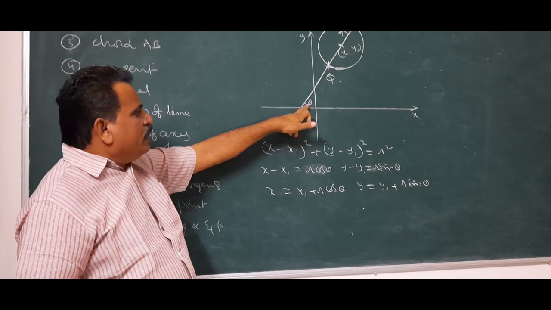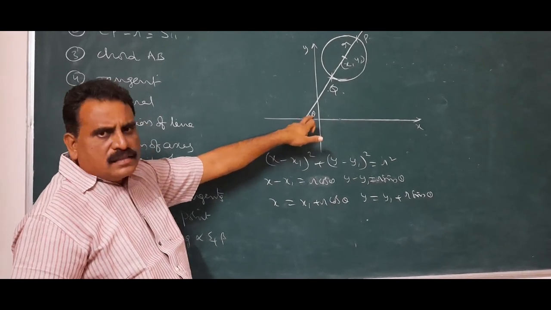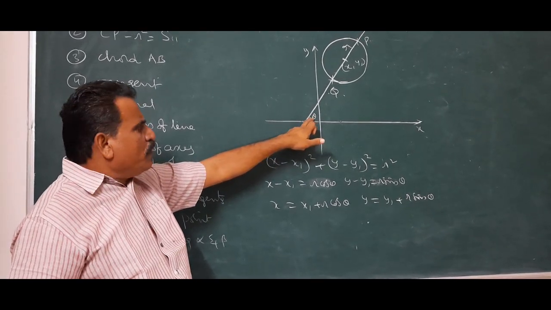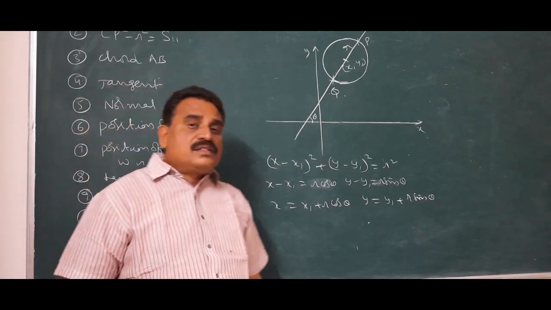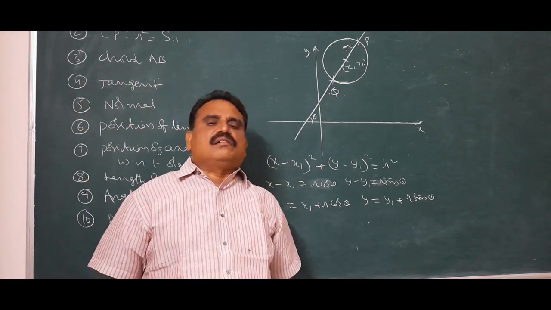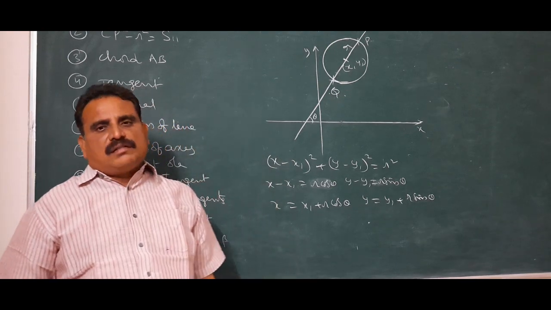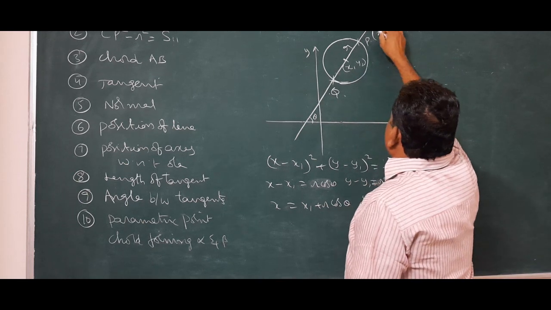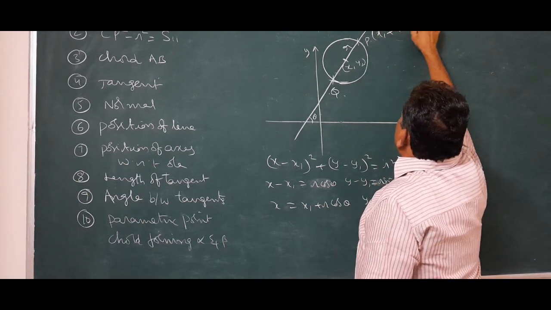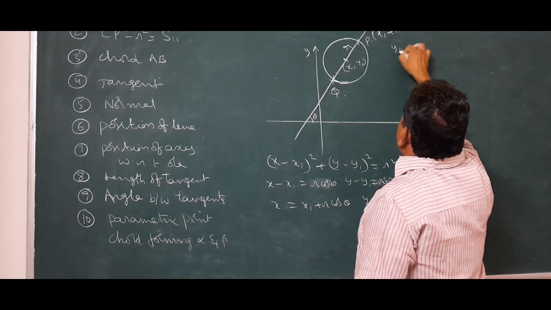Here, the line passes through (x1, y1) and makes angle theta with the x-axis. It is called the inclination, and the slope of the line is tan theta. Parametric equations in straight lines: x1 plus or minus r cos theta, y1 plus or minus r sin theta. P is a point, which you take as x1 plus r cos theta, y1 plus r sin theta.